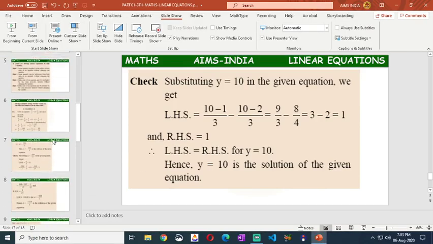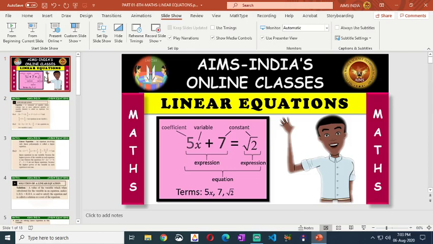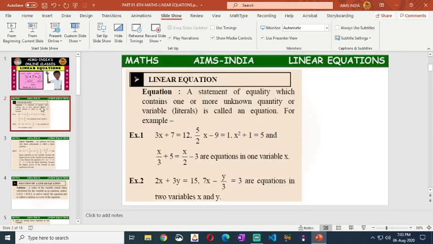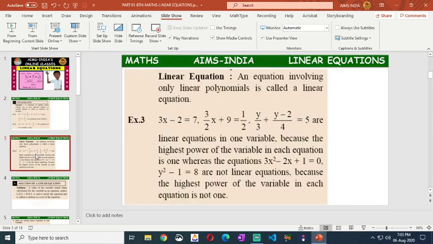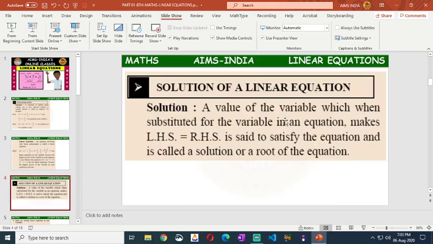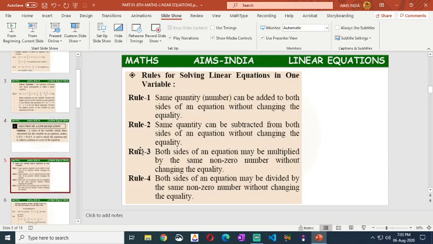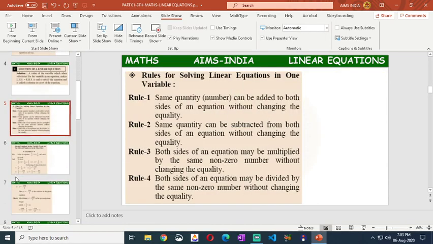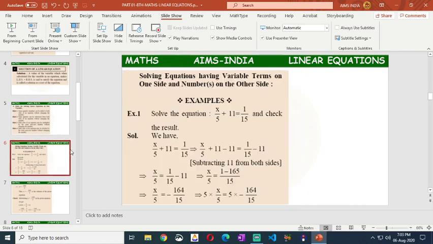Okay children, what we have learned today? In linear equations: what is an equation, what is a linear equation, what is the solution of a linear equation, and the rules for solving linear equations. Regarding those concepts we have learned, and we have discussed some example problems based on solving equations having the variable on one side and numbers on the other side.